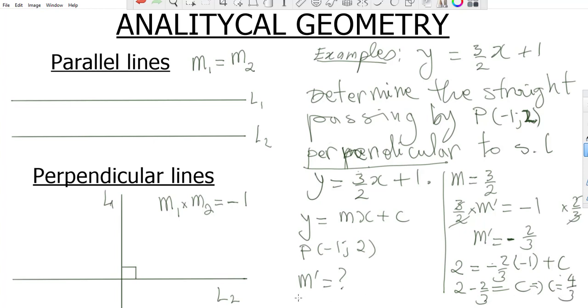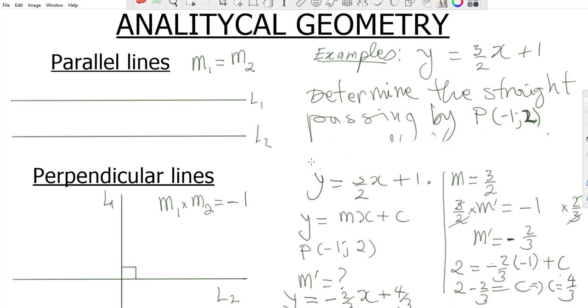over 3. So therefore the equation of a straight line which is perpendicular to this equation will be: our gradient is minus 2 over 3, so y equals minus 2 over 3 x, and then c will be 4 over 3. So I want us to keep the equation of a perpendicular.